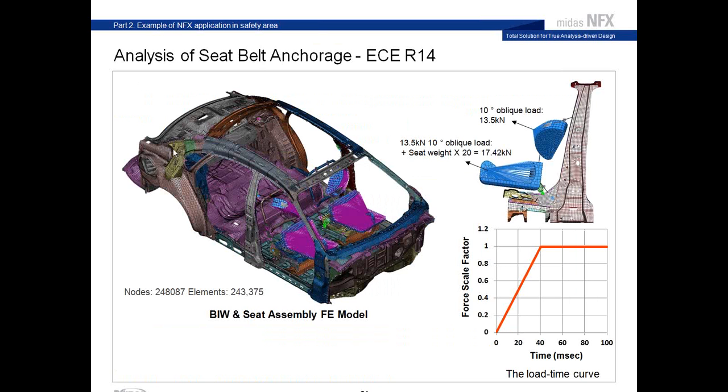Here you have the model which consists of 248,000 nodes and around the same number of elements, and the seats have been modeled like that. The load is applied with specific directions which are written in the codes.